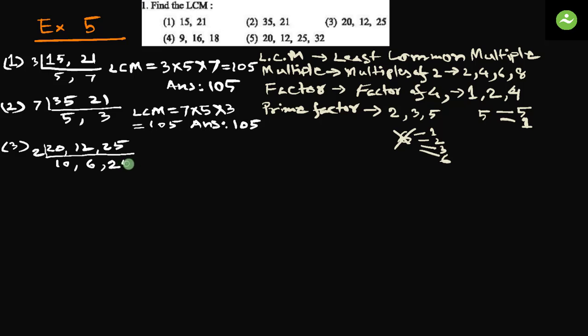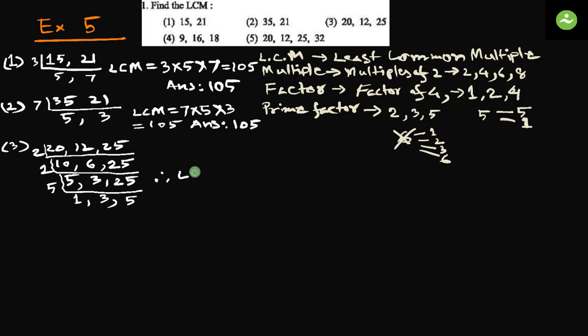Any number that cannot be divided, we bring down for the next operation. Again, we can divide by 2. 5 into 2, 3 into 2, and bring down 25. Now we can divide by 5, because 5 divides 5 and 25. 5 into 1, bring down 3, 5 into 5.